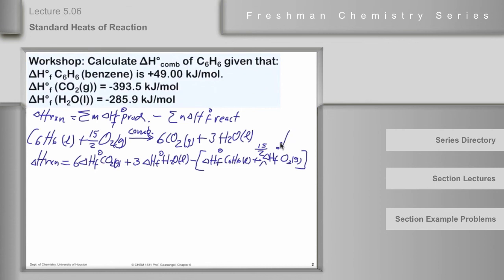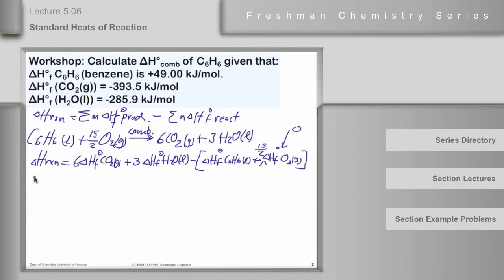And of course you know that since this is the elemental form of oxygen, this term is 0. The delta H of formation of all substances that are elements in their elemental state is 0. We learned that last time.